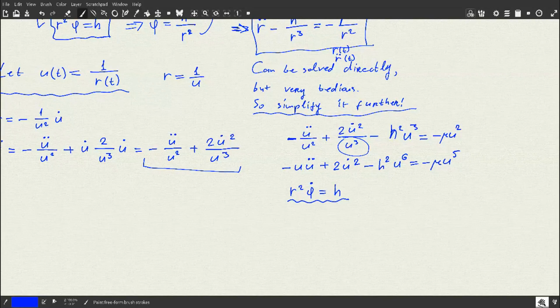Obviously, r squared is 1 over u squared, and therefore we have phi dot equals h times u squared. So now let's do the following trick. Okay, we got this equation. So far it is not that much exciting, but let us consider the following.